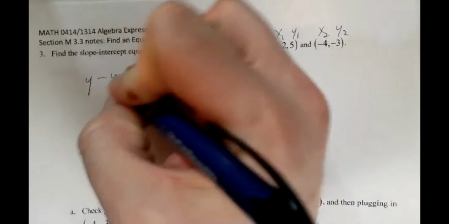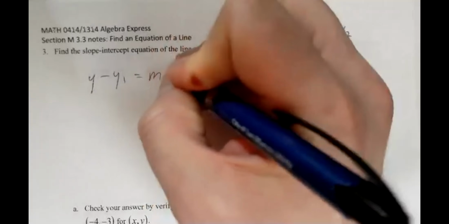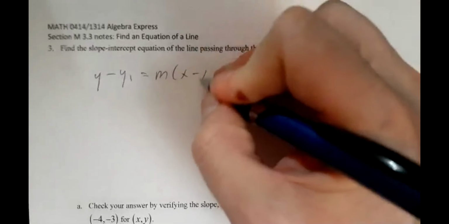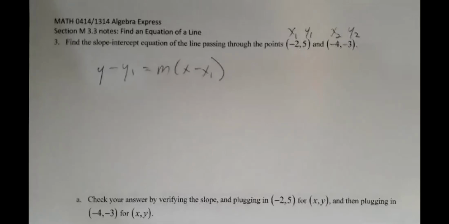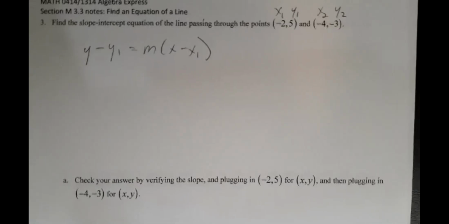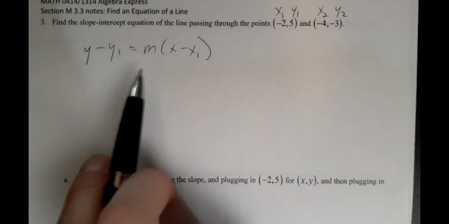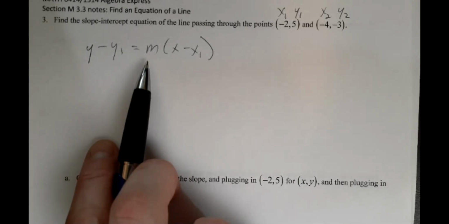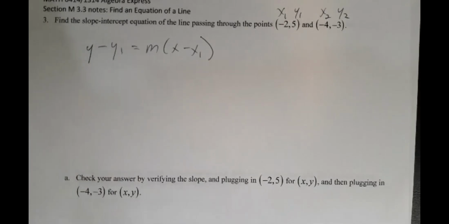So if I'm going here, I know I'm using point slope form, and I can plug in a point, but I might have difficulty with this. Before I do anything, I really need to find a slope.